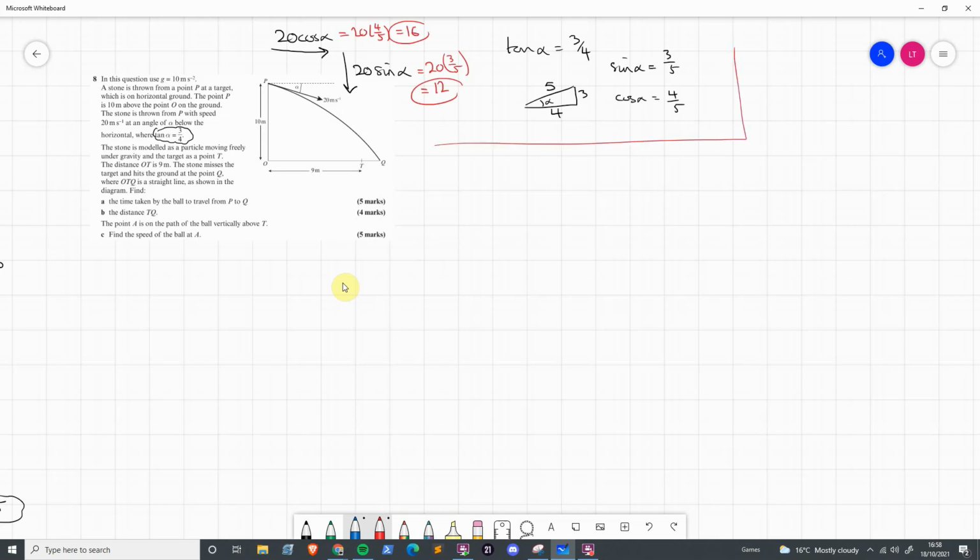I think all the information from the question is labelled on the diagram, so I'm not going to read it through. Let's just go straight in for part A. Part A, the time taken for the ball to travel from P to Q. So from here to the ground.